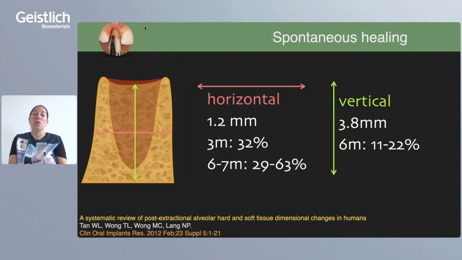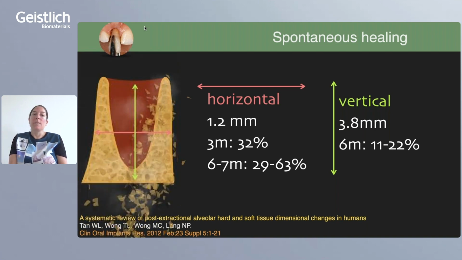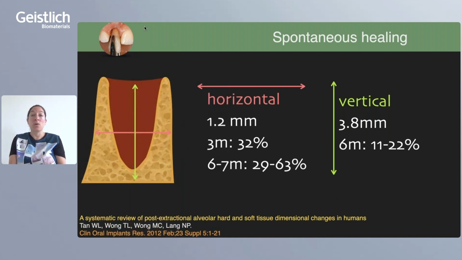So to conclude, if you look at the alveolus on your left side, you will have some resorption both in the horizontal and in the vertical. In the horizontal, more than 1 millimeter, and in the vertical, up to almost 4 millimeters. And in percentage, volume-wise, over 6 months, horizontal between 30 and 60%, and vertical between 10 and 20% of the original ridge width or height.